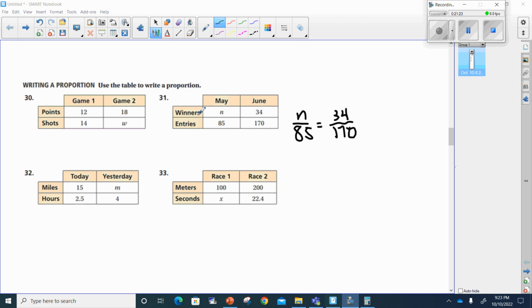I guess we could put the labels here. The top part is the winners, right? I'm just going to make this a little easier. I'm going to put winners in between that goes for both of them. Okay, winners. And this is entries down here.